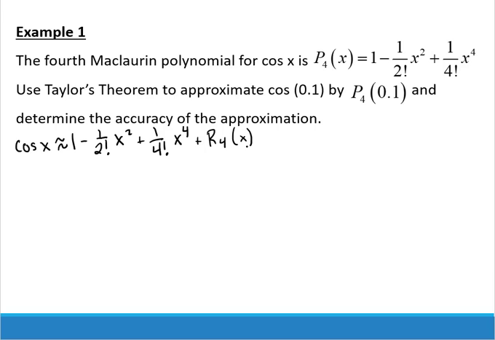So this is approximately 1 minus 1 over 2 factorial x squared plus 1 over 4 factorial x to the fourth, plus the fifth derivative, so the highest value that the derivative takes on, over 5 factorial x to the fifth.